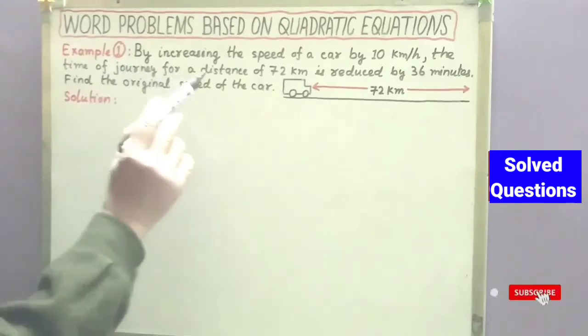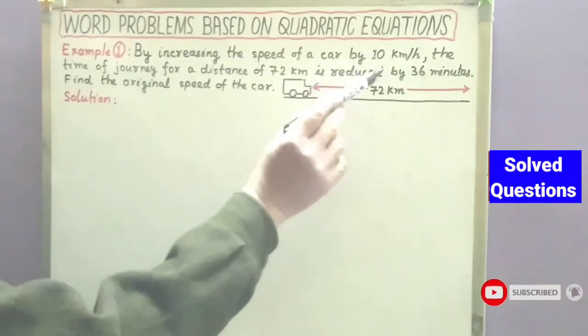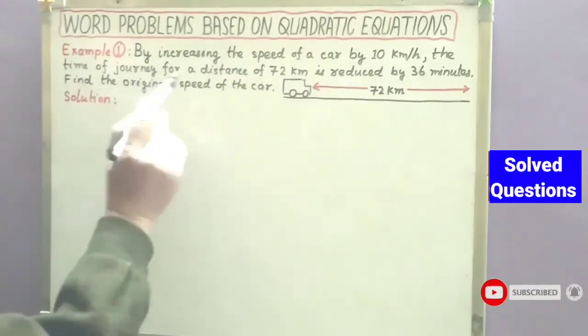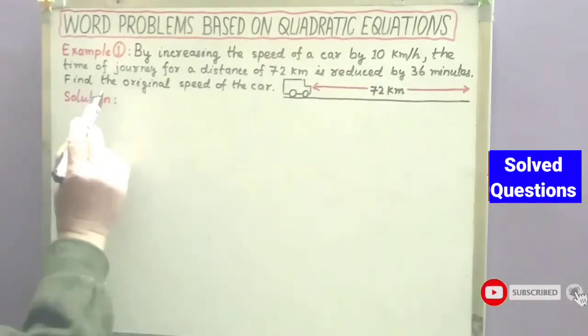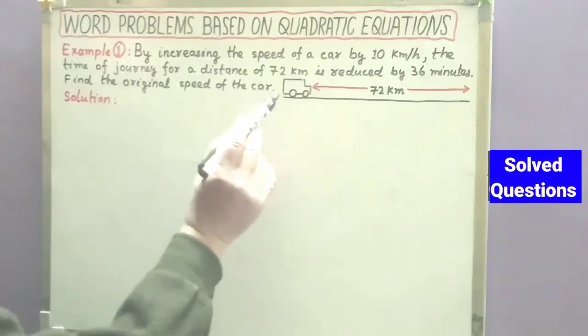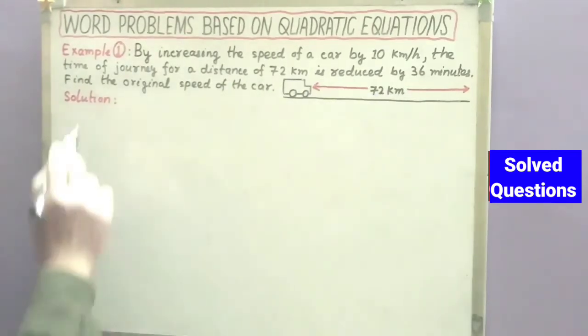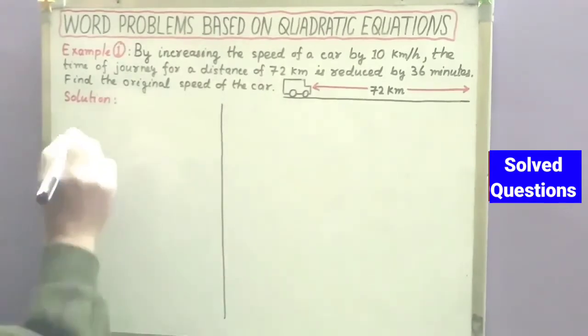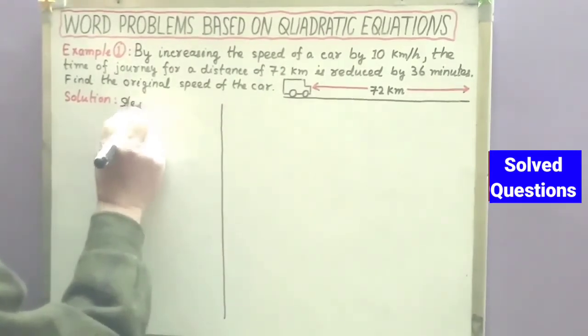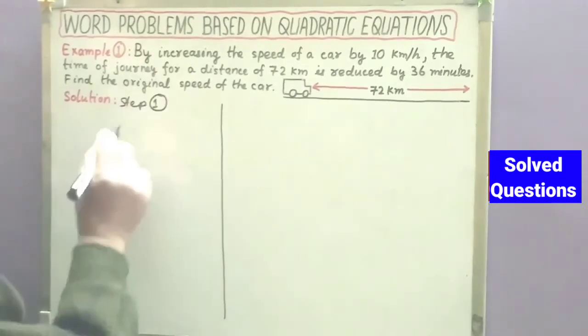Example 1. By increasing the speed of a car by 10 km per hour, the time of journey for a distance of 72 km is reduced by 36 minutes. Find the original speed of the car. Let's solve this word problem using the following steps. Step 1.